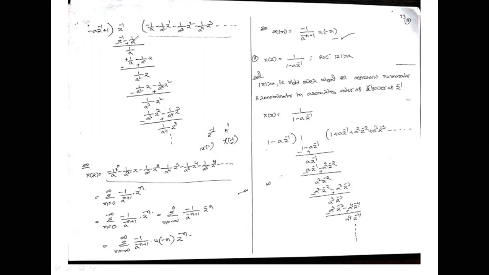Then 1 with minus 1 by a, and so on. You'll get minus 1 by a, minus 1 by a square z power 1, minus 1 by a cube z cube, and so on. Now observe that the powers of z are positive powers, because it is left-sided; definitely the powers of z are positive only.